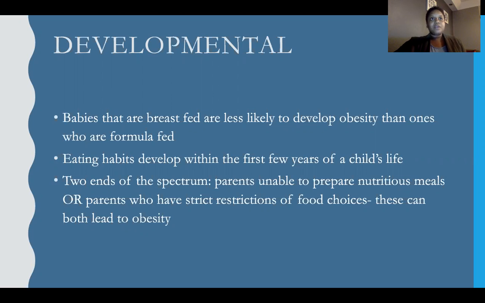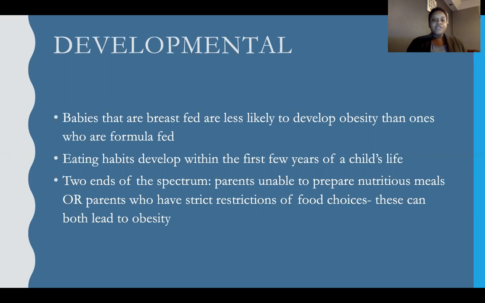Now, parents usually influence a child's eating habits and availability of nutritious meals, and you have two ends of the spectrum. You have parents who are unable to prepare and provide nutritious meals for their children, whether it be due to poverty or inability to do so because of time constraints.